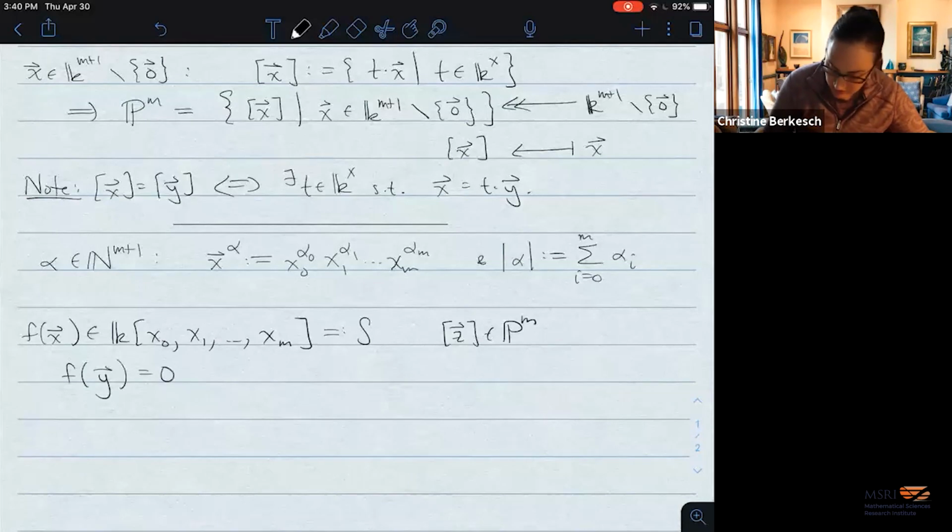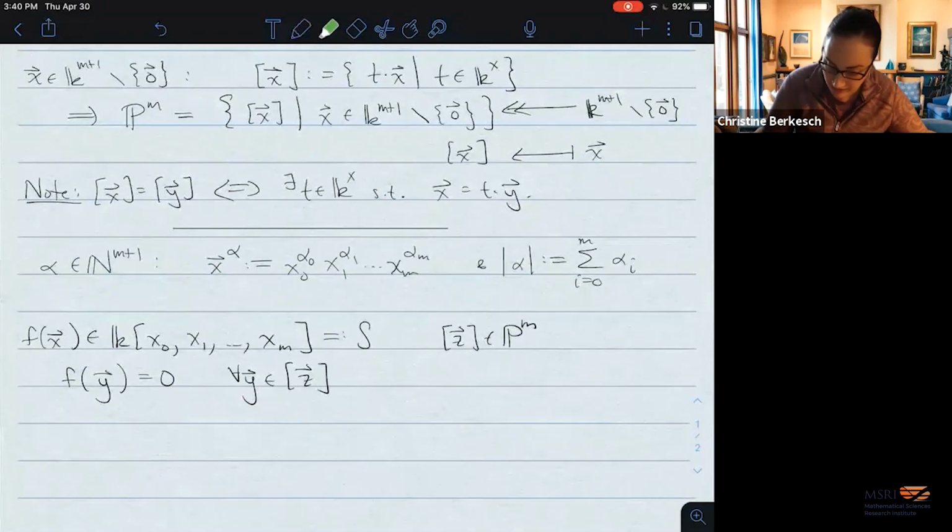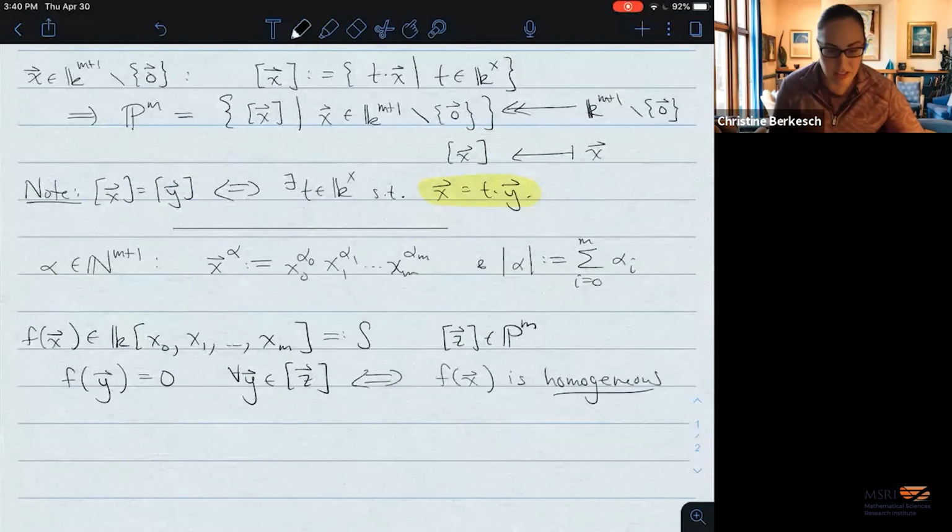And of course, I want this to be well-defined. So when is this well-defined? Well, we need to respect the torus action that we had. So we need to see that we evaluate the same on all of our points up to scalar multiple. And the way for that to happen is for our polynomial to be homogeneous. So we're going to restrict ourselves to looking at homogeneous polynomials.